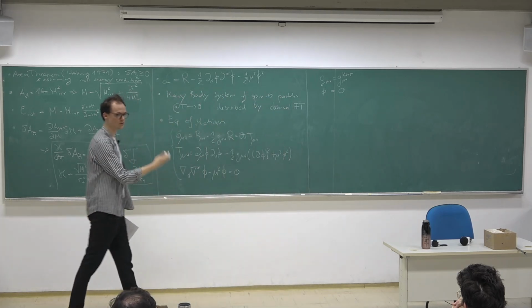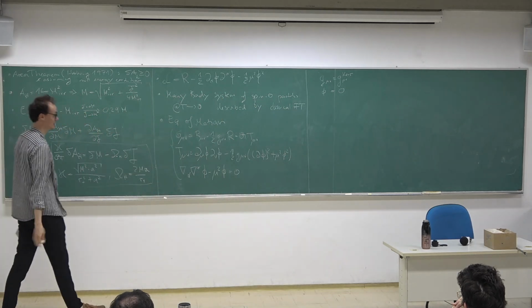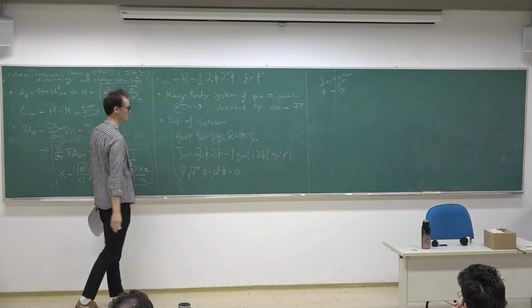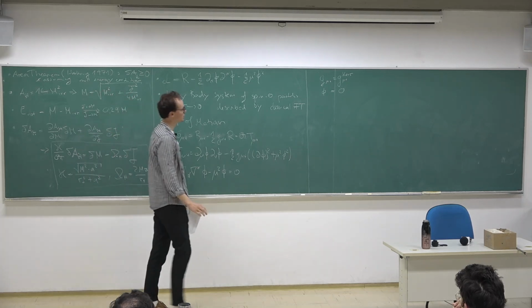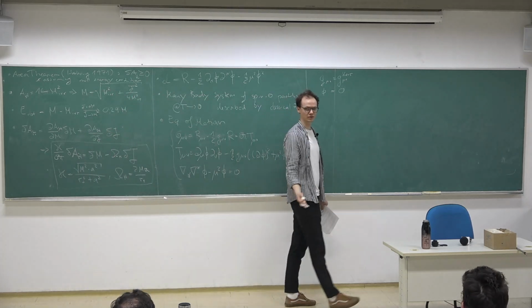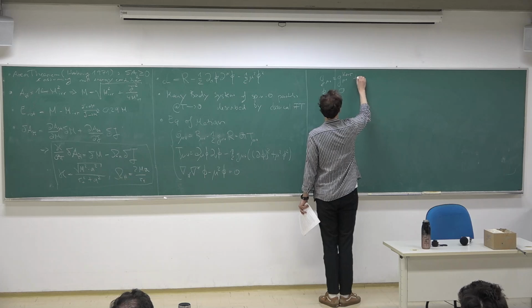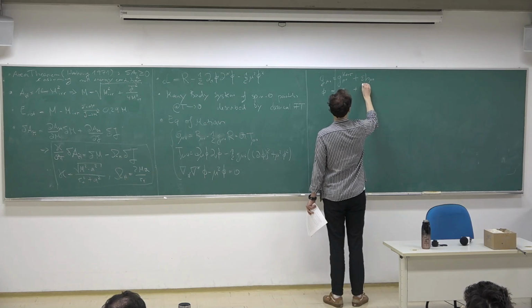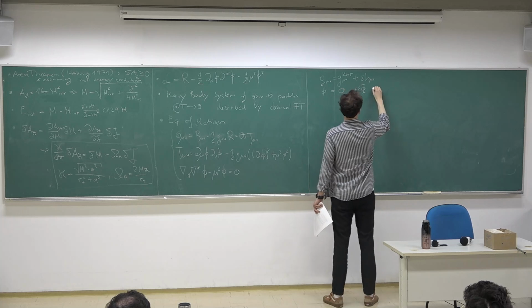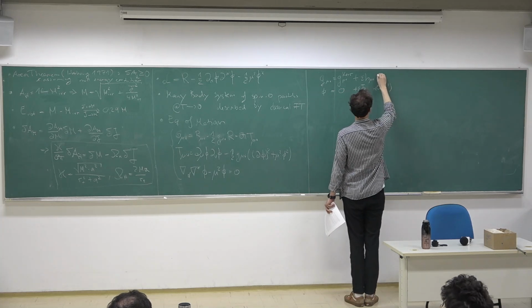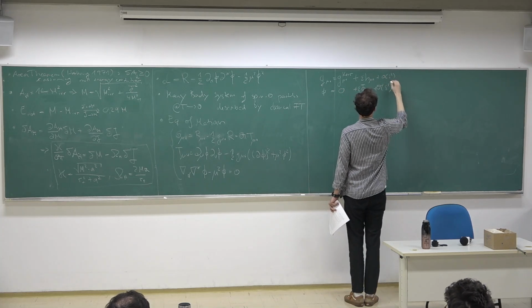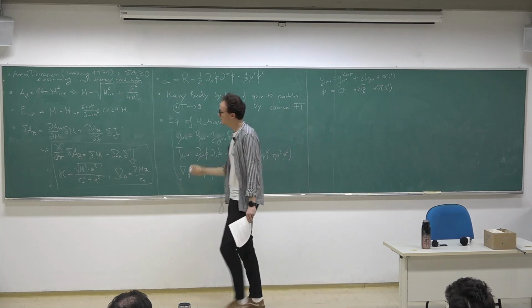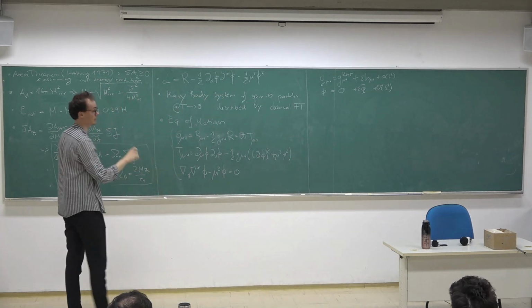It's an exact solution to this system of equations, and it's important because we can now perturb around it. So let's look at a linear perturbation of this. How does it behave?